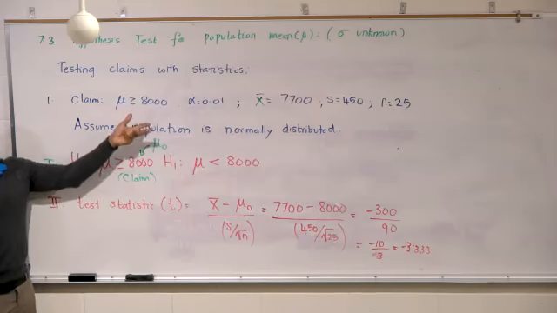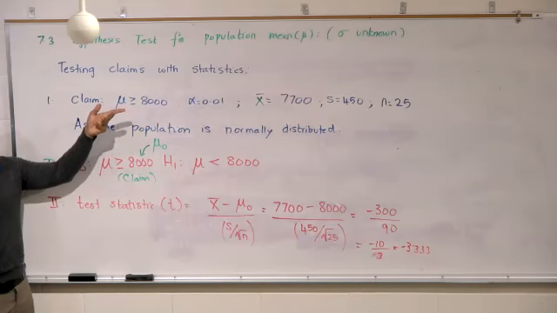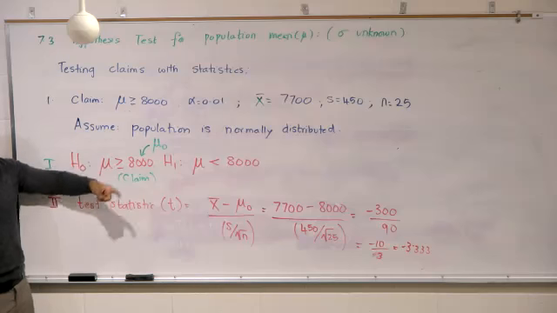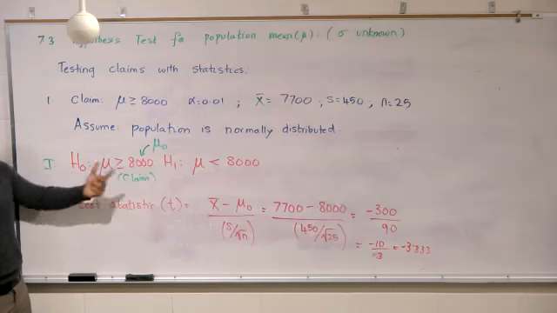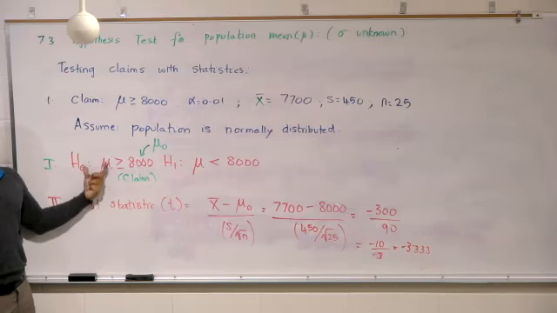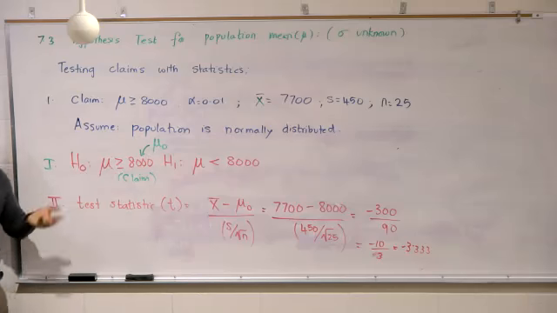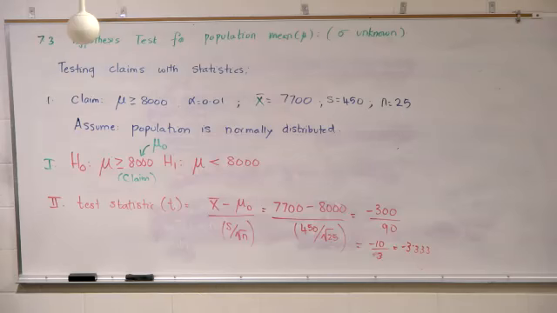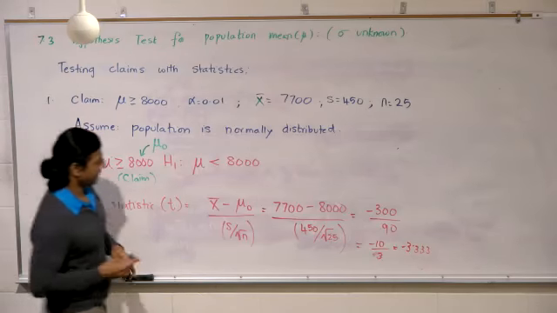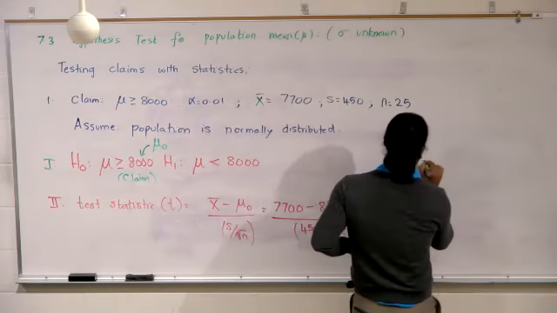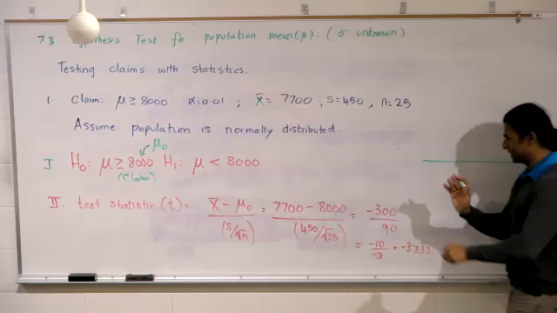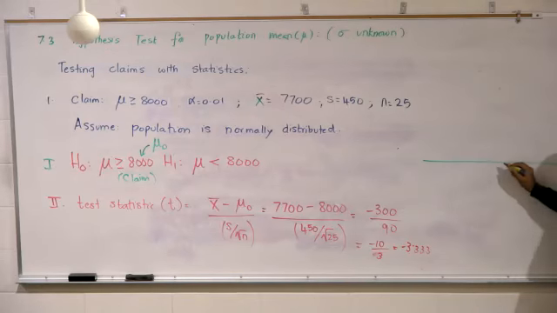Obviously, is the population mean greater than or equal to 8,000 based on the sample? No. But in this case, it is a trivial example, but we still did the test. 0 is going to be right in the middle.